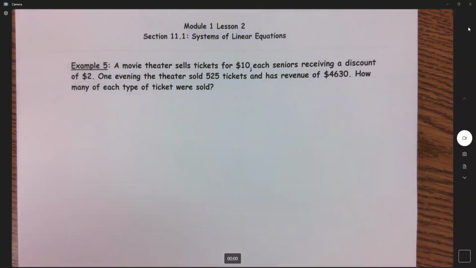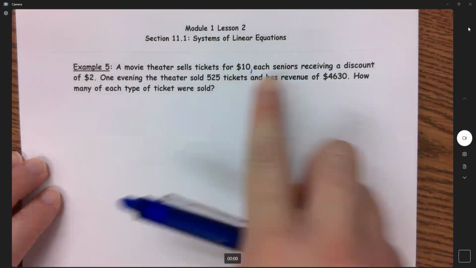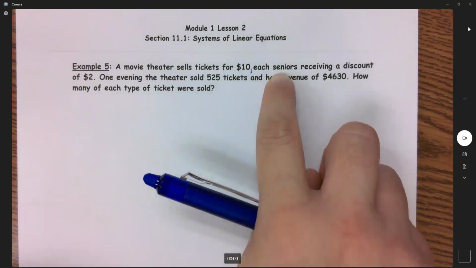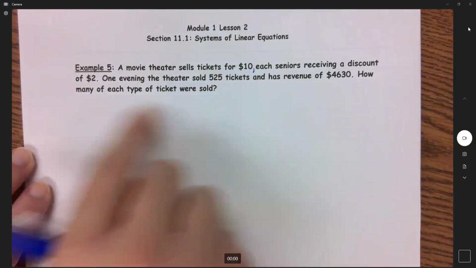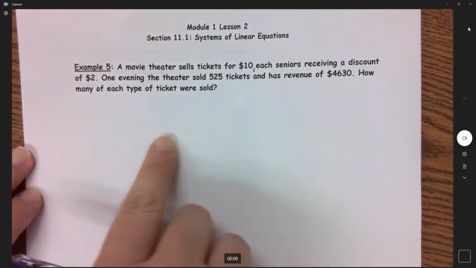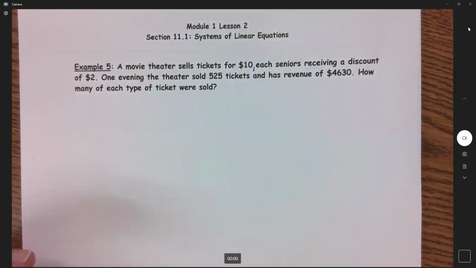Okay, first, let's assign what everything is going to equal. You can either say that X equals the $10 regular price, and your senior citizen discounted tickets equal Y, or make these make sense to the problem.